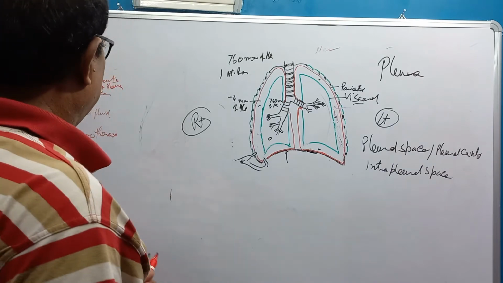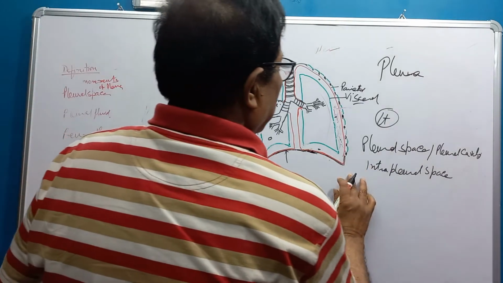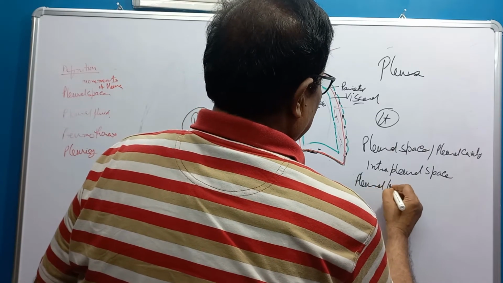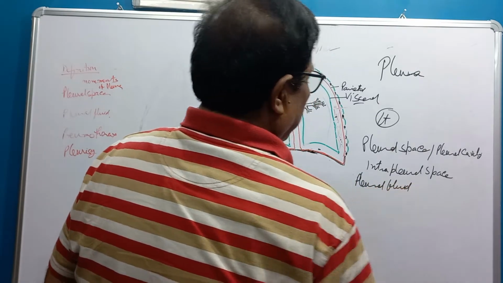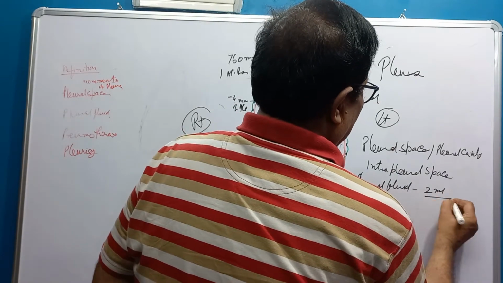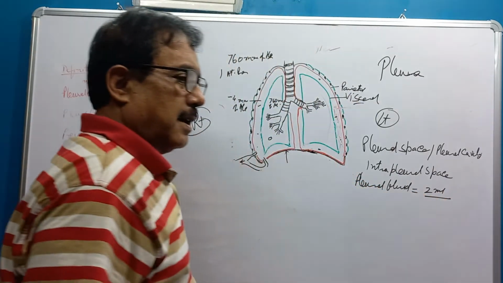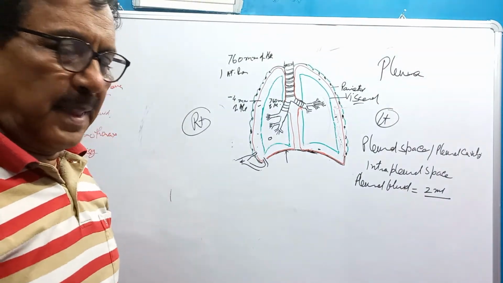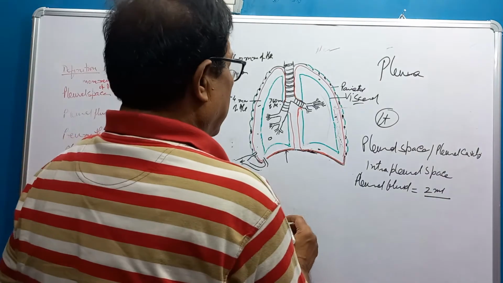In this space, pleural fluid is present. The amount of pleural fluid is about 2 milliliters, and in health it is almost constant. We will learn about it later.